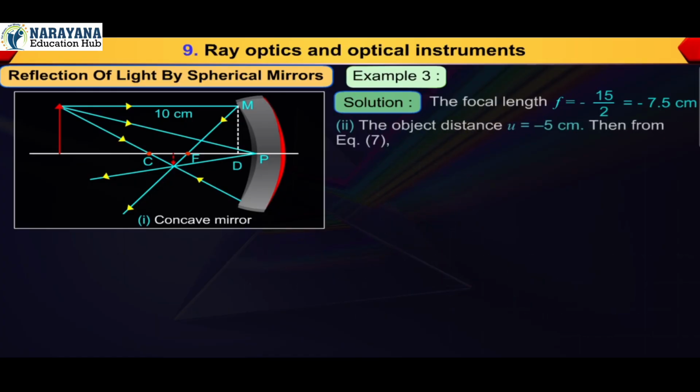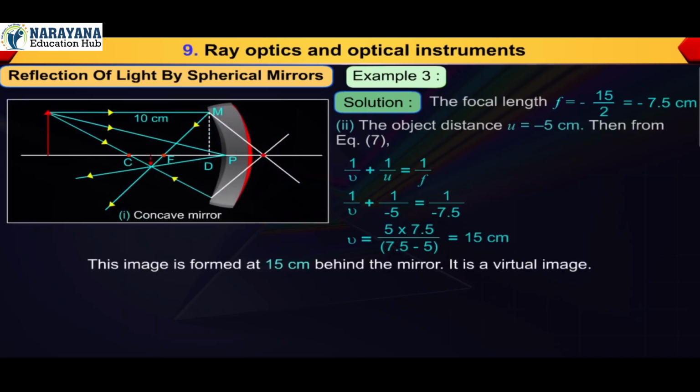Number 2. The object distance u is equal to minus 5 cm. Then from equation 7, 1 upon v plus 1 upon u is equal to 1 upon f. 1 upon v plus 1 upon minus 5 is equal to 1 upon minus 7.5. v is equal to 5 into 7.5 upon 7.5 minus 5 is equal to 15 cm.